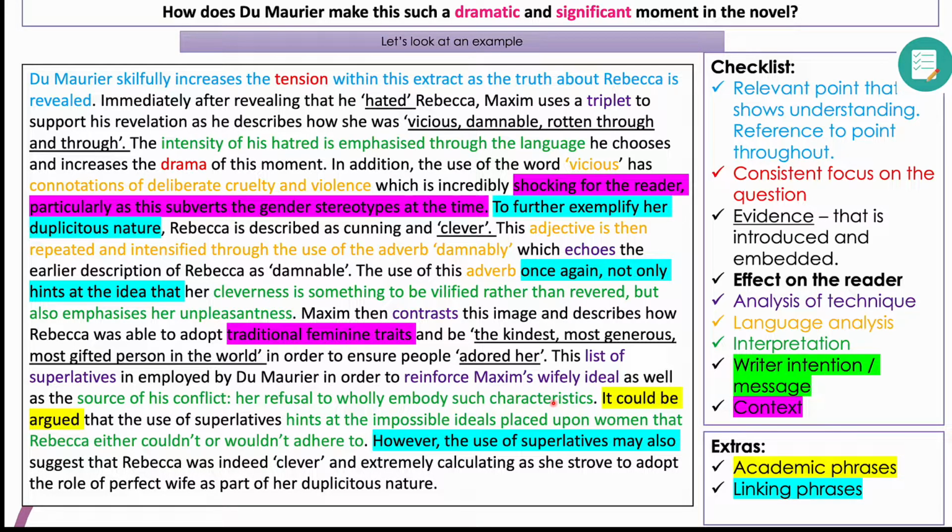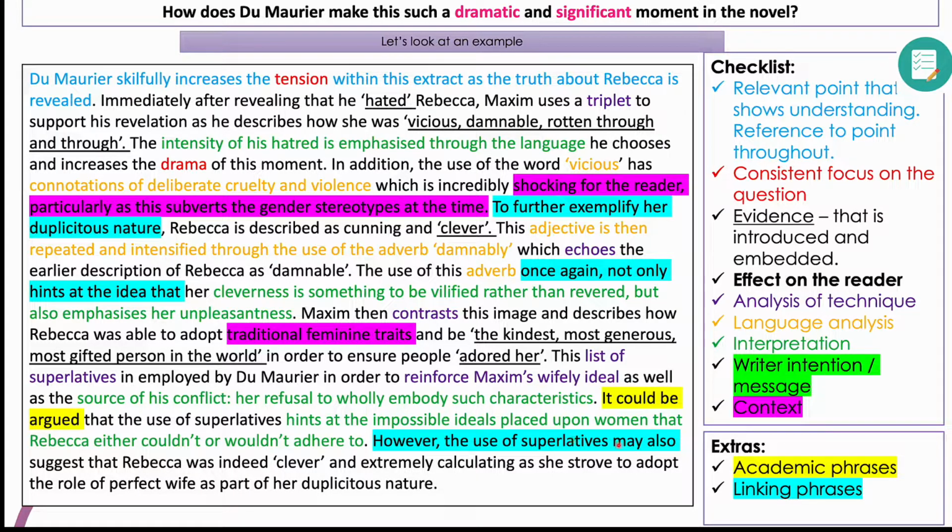It could be argued, so we've got a lovely tentative academic phrase here, that the use of superlatives, so I've gone back to the technique because I now want to say what the effect is, hints at the impossible ideals placed upon women. And we've got context here again that Rebecca either couldn't or wouldn't adhere to.